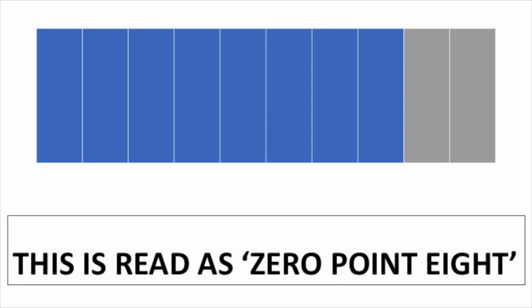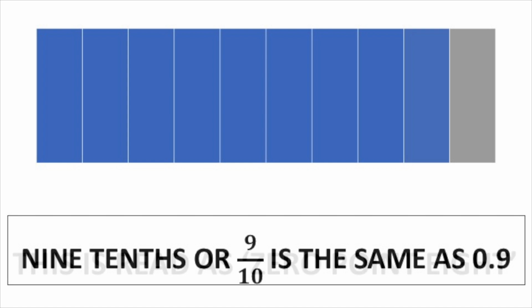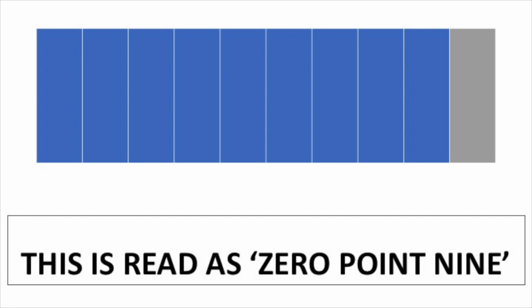What's after 8? 9. 9/10 is the same as 0.9. You see, all the time each part is added, and all that happens is that the number goes up 1 digit. This is read as 0.9.